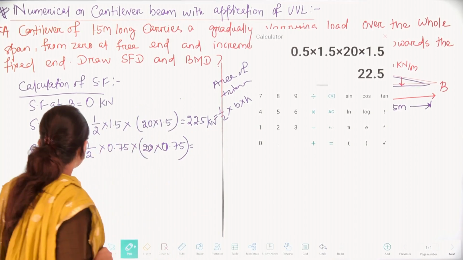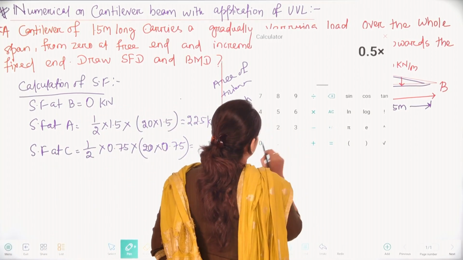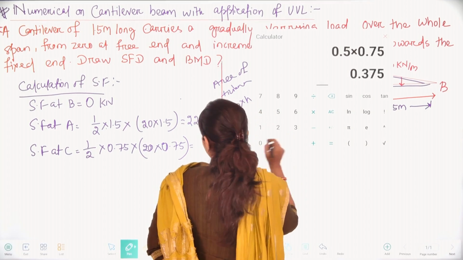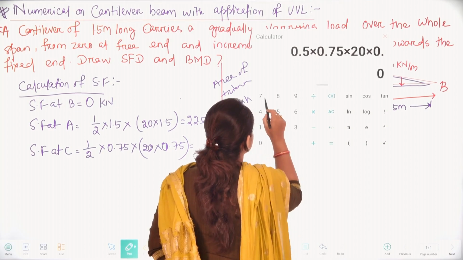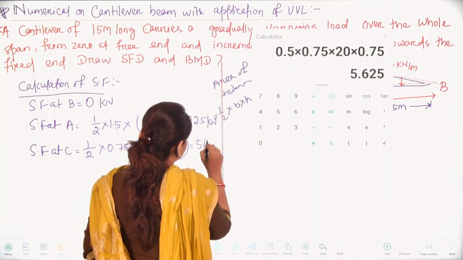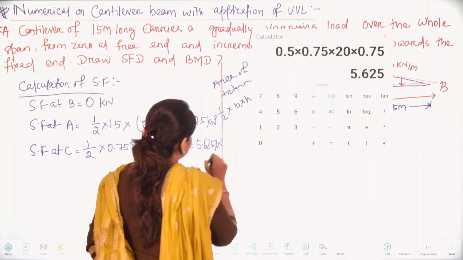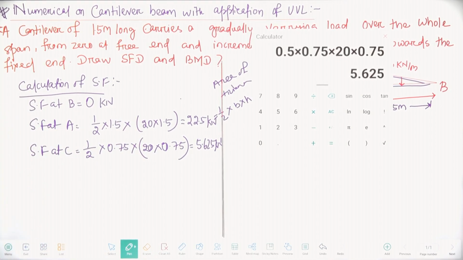Now 0.5 multiplied with 0.75, 20 into 0.75, that will be 5.625. So here we have the values.